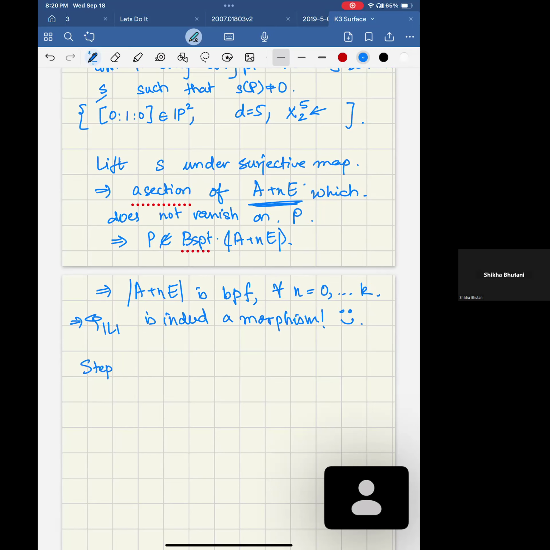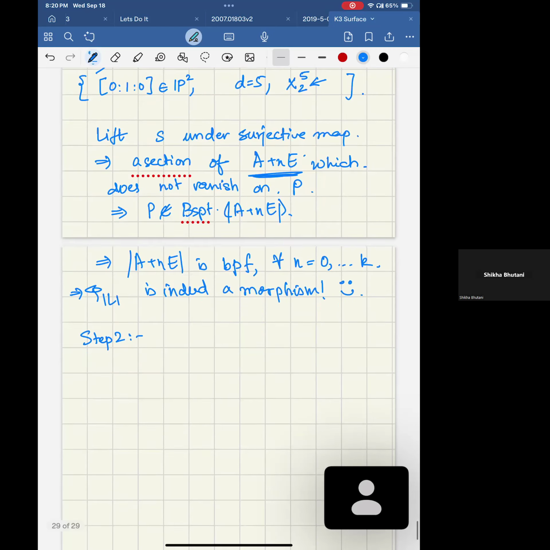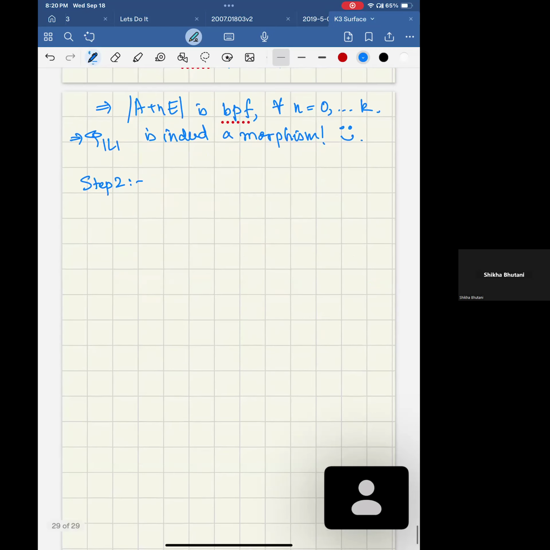Now, step 2 is to show that the morphism that we have defined over here satisfies the following properties. First of which is the following. You require that P of E should be equal to P inverse of P. So sorry, I might sometimes omit to write L in here.